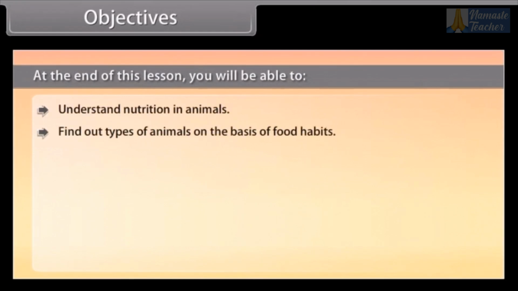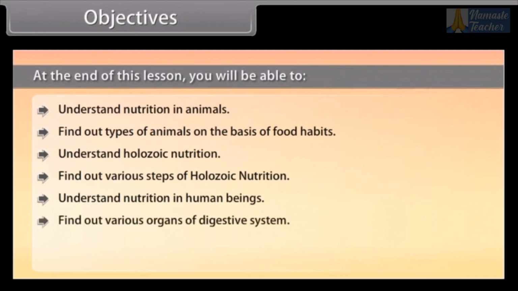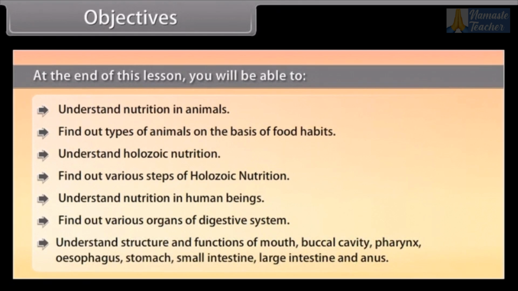Objectives. At the end of this lesson, you'll be able to understand nutrition in animals, find out types of animals on the basis of food habits, understand Holozoic nutrition, find out various steps of Holozoic nutrition, understand nutrition in human beings, find out various organs of the digestive system, understand structure and functions of mouth, buccal cavity, pharynx, esophagus, stomach, small intestine, large intestine, and anus.